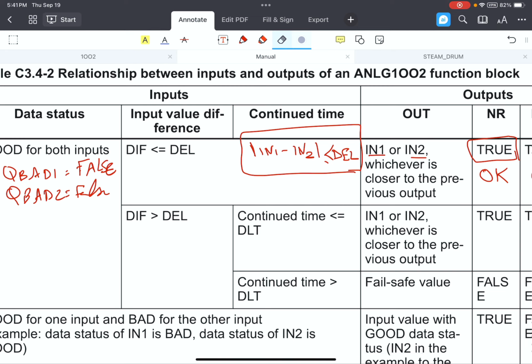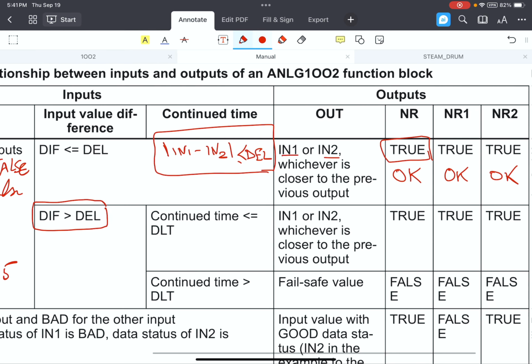Consider input 1 is 20, but input 2 is 26, and the delta is 5, and you can see that the deviation is 6. So the difference is more than delta, but we are within the time delay.